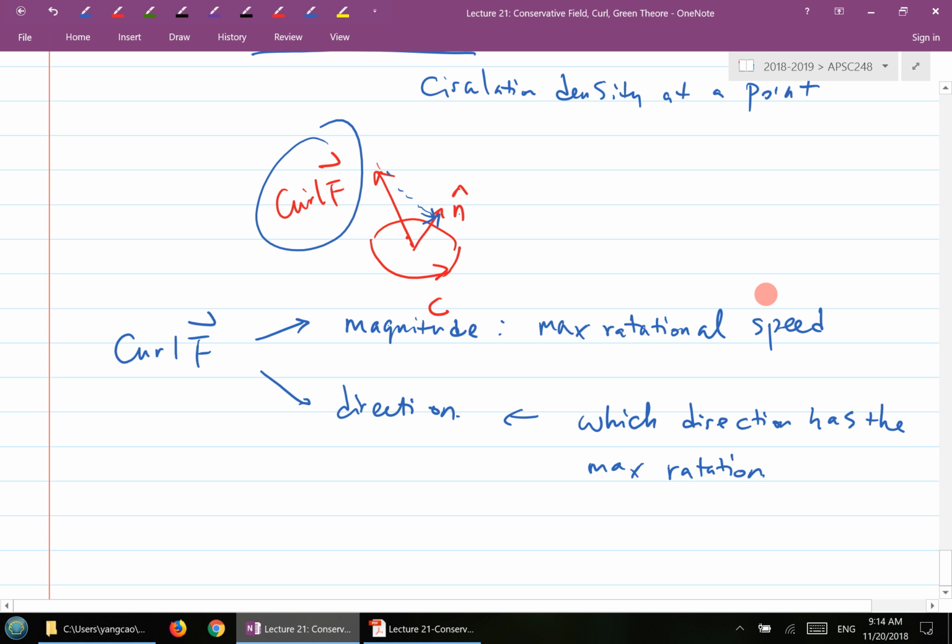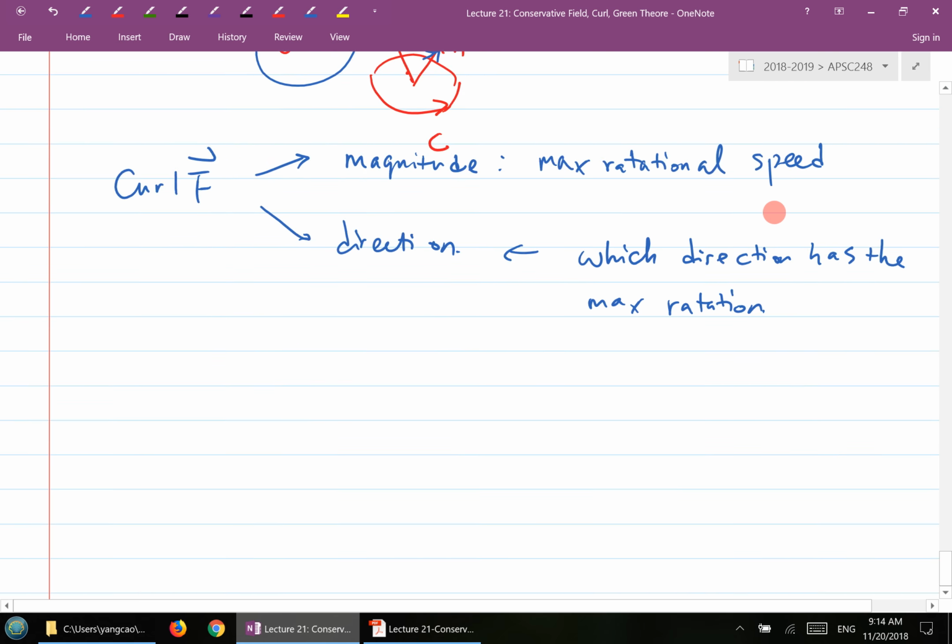But when you look at individual points inside the vector field, oftentimes it turns out there's no rotation at the point, which I'll show you shortly. So anyway, let's take a look at the example first. We're running a little tight here, but I'll show you an example.